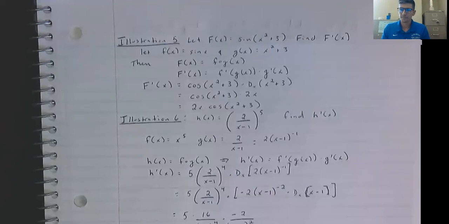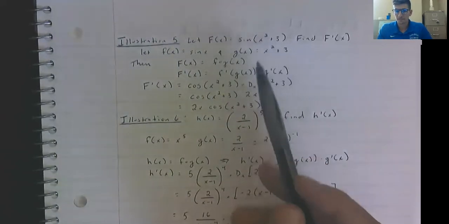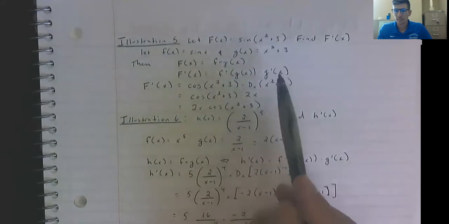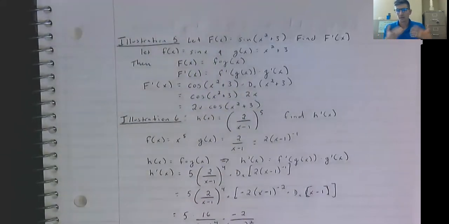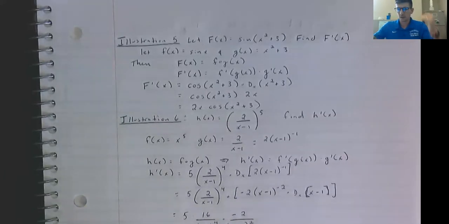If it's just sine of x, then our derivative is just cosine. There's no chain rule there. But if it's sine of x squared plus 3, then we've got a chain rule, because x squared plus 3 is itself a function, so this is a composite function, so that's when we pop out the inner derivative. And that holds true for all of our trig functions. So I'm going to write that down just so it's on your paper, and then we'll do a couple of examples with chain rule and trig functions.